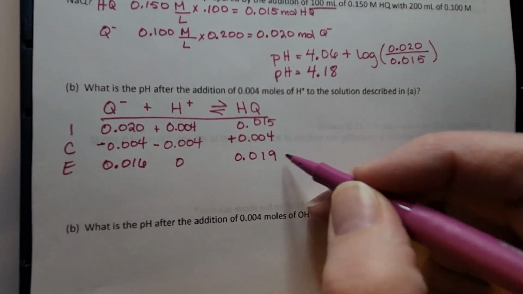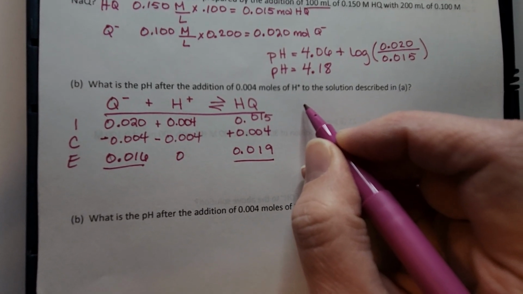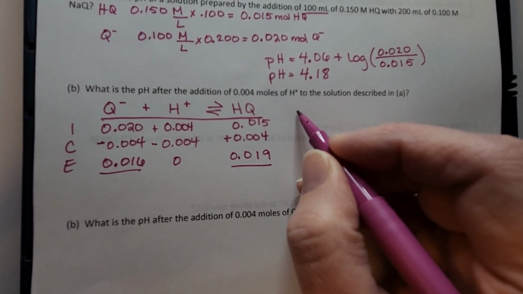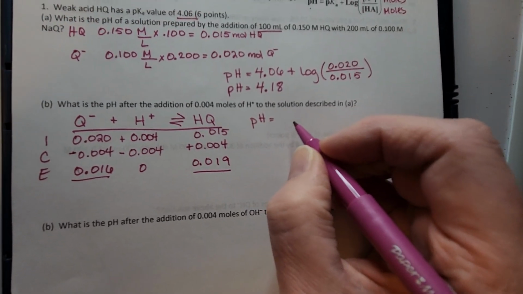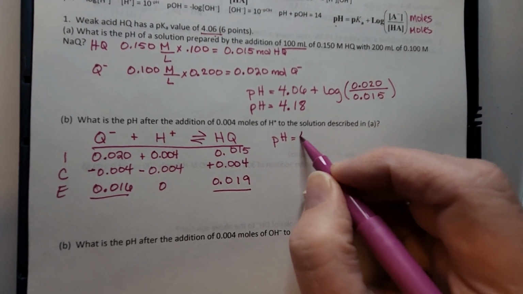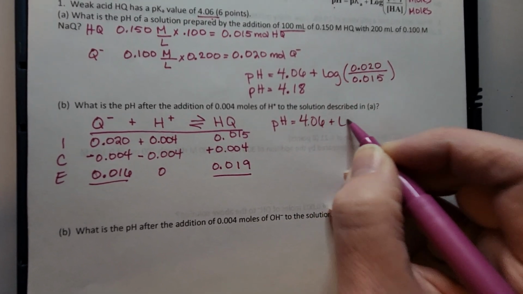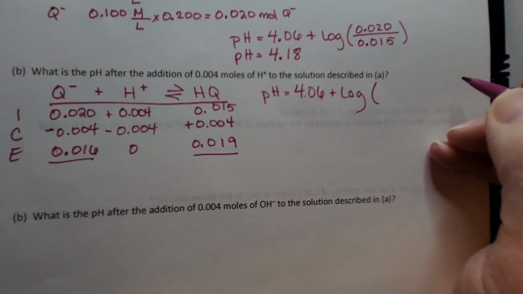And we're going to take these new concentrations and plug them into our pH formula, our Henderson-Hasselbalch equation. And we're using the same pKa value here. We're just putting in our new concentration values.